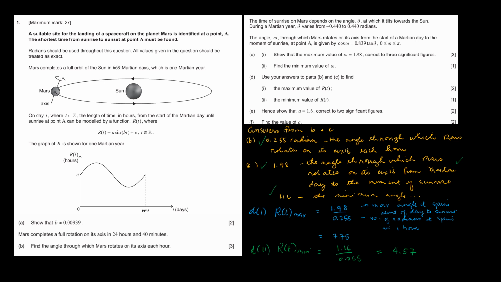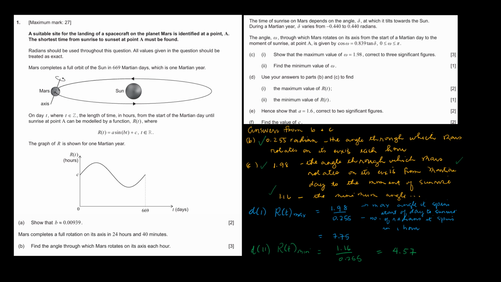So the maximum of R(t), our R(t) is A sine bt, is we have here 1.98 because according to the problem we have to use our answers in B and C. In letter C, the maximum angle it spins from the start of the day to the sunrise is 1.98. And 0.255 is the number of radians it spins in 1 hour.